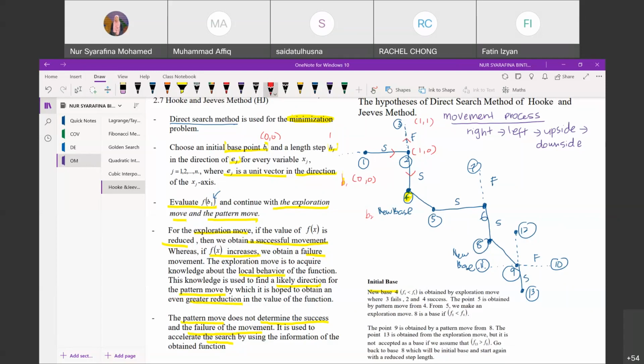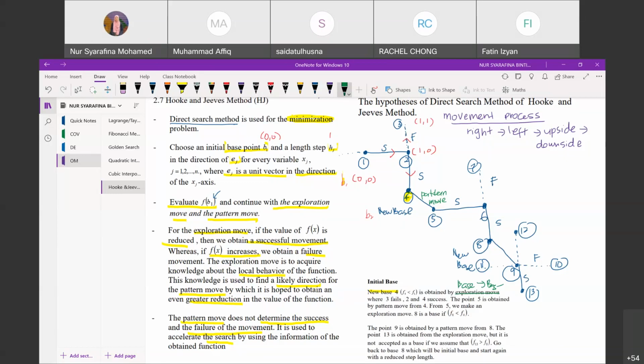2 and 4 succeed. Then the point 5 is obtained by the pattern move. The exploration move is from base to base, B1 to the new base, B2. And then the point 5 is obtained by the pattern move.